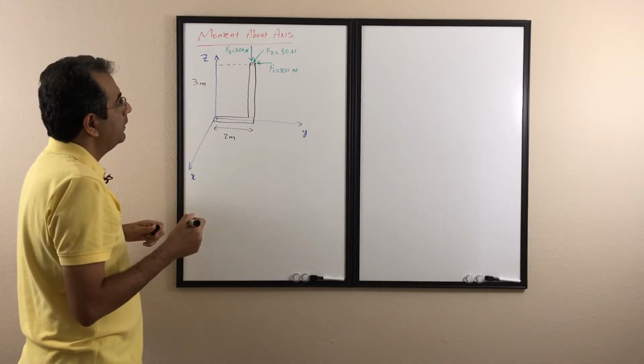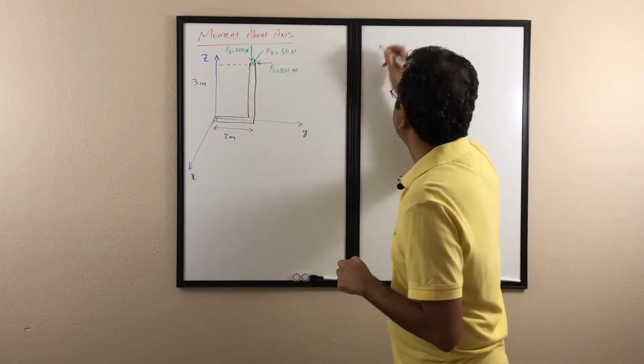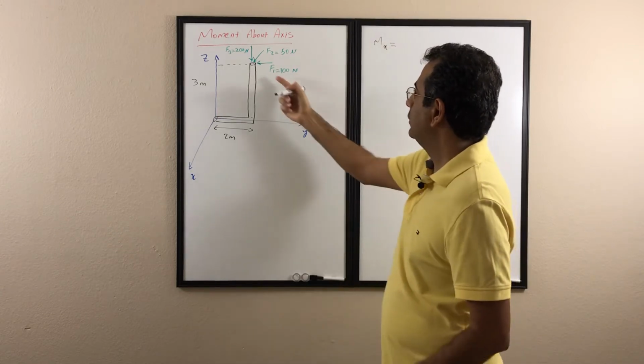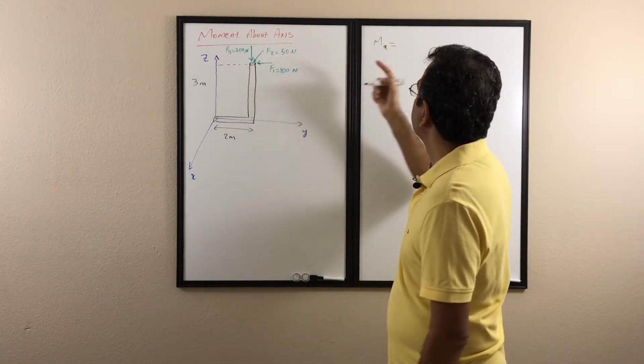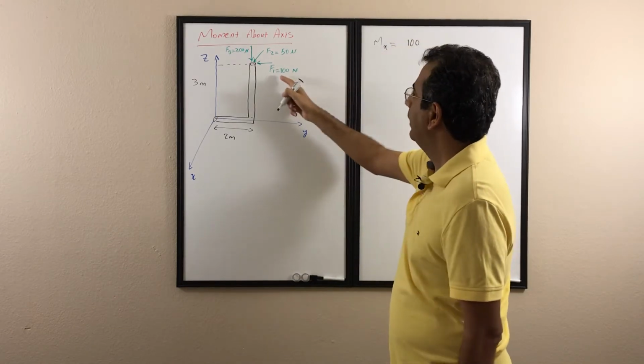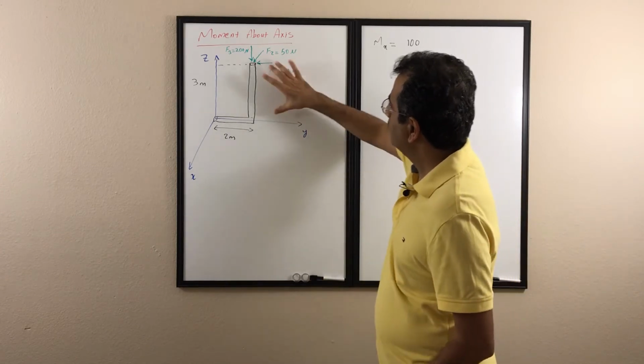So we'll start with the moment about the x-axis, for example starting with force 1, F1. The magnitude of the force is 100, and we need the normal distance of the force to the x-axis.